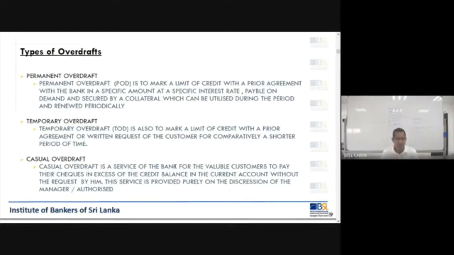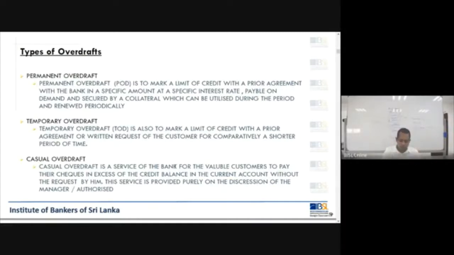It is normally for a period of 12 months. At the end of the 12 months period, we review the customer's performance and we can decide whether to continue or on-demand payment to be demanded, right? It is not gradual repayment, it is on-demand payment on overdrafts, right?